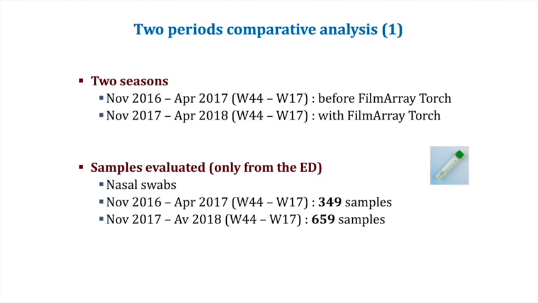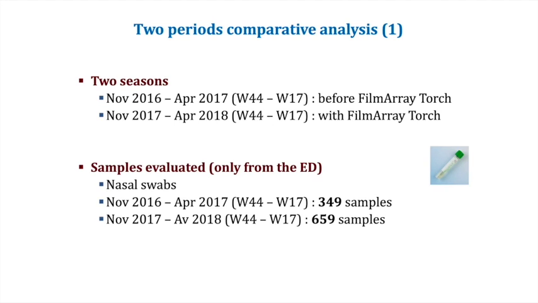I wanted to present to you now the comparative analysis of the 2 periods, 2 seasons. The first between November 2016 to April 2017, before FilmArray Torch, and the second period between November 2017 to April 2018 with the FilmArray Torch.